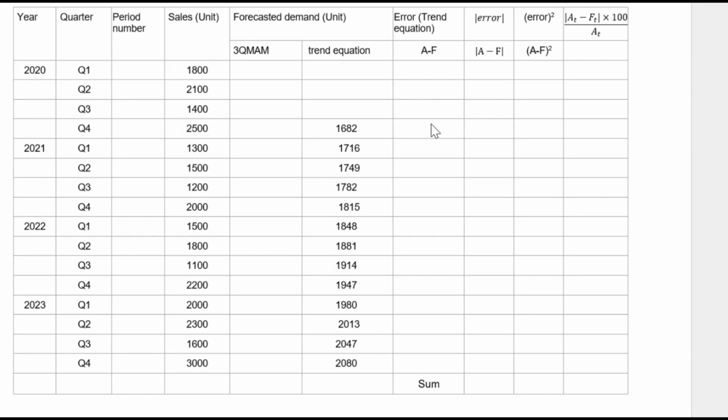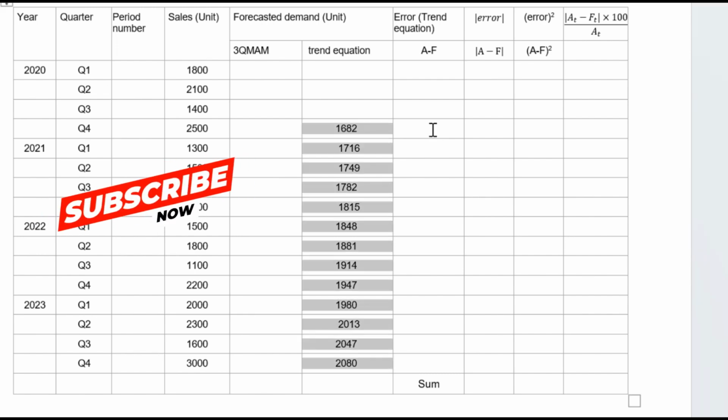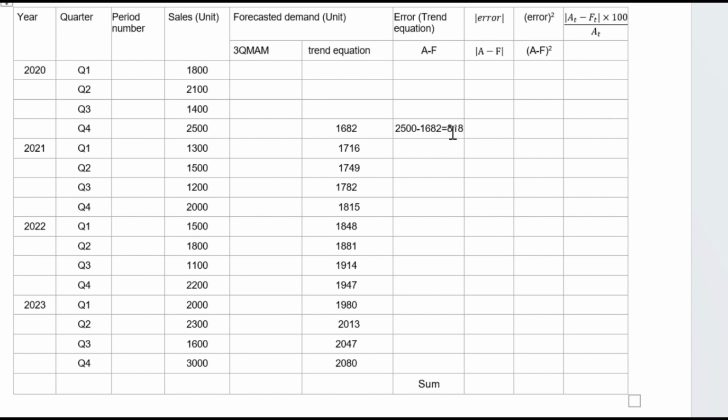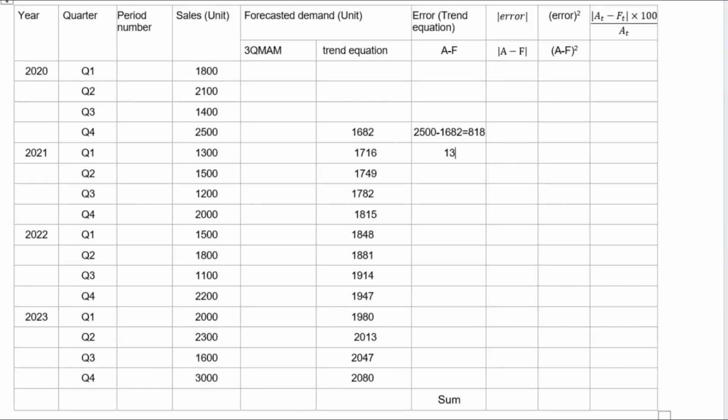Repeating the same procedure for the trend equation method, starting by the calculation of the error. The error of this period is 2,500 minus 1,682, and this is equal 818. For the next period, it is 1,300 minus 1,716, so this is equal negative 416.